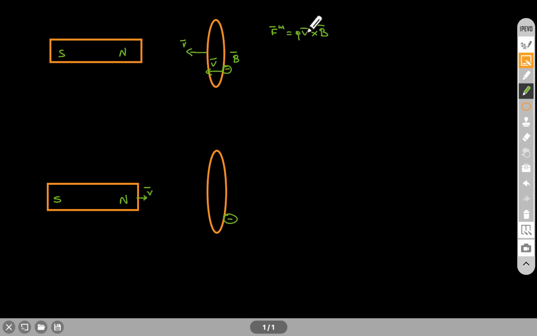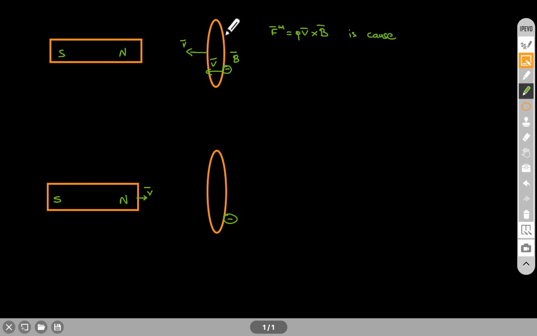It needs to have a non-zero velocity inside that magnetic field. This is what I have now. I have a charge that is moving and it is in the presence of an external magnetic field, the one created by the bar magnet. This magnetic force, this is the cause. Because there is a magnetic force on those mobile electrons, they are going to start moving around the loop, and this is going to create your induced current in the loop.